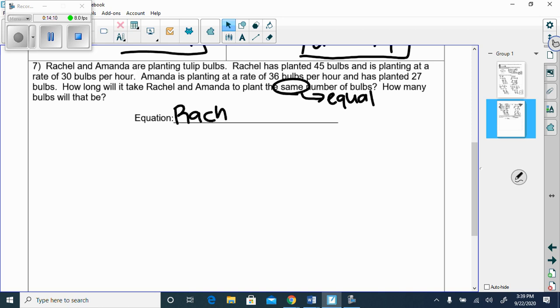We're going to have Rachel equal to Amanda, so we just need to plug in the information they gave us for each girl. For Rachel, they said she's already planted how many? And she's also planting at a rate of? 30x. Right, 30 variable, whatever letter you want to use.